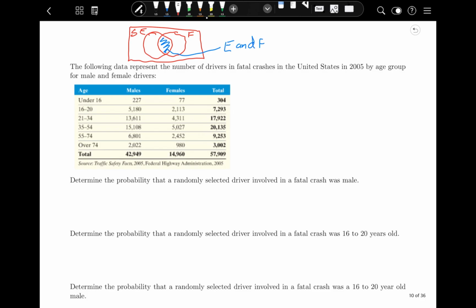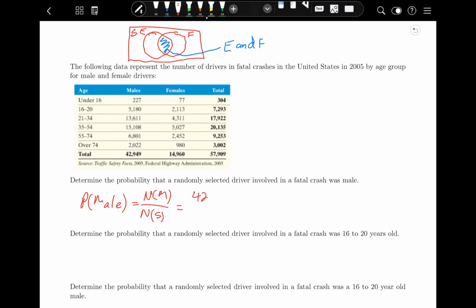The following data represent the number of drivers in fatal crashes in the United States in 2005 by age group for male and female drivers. Determine the probability that a randomly selected driver involved in a fatal crash was male. The probability of male is the number of males divided by the number in the whole sample space, the total.